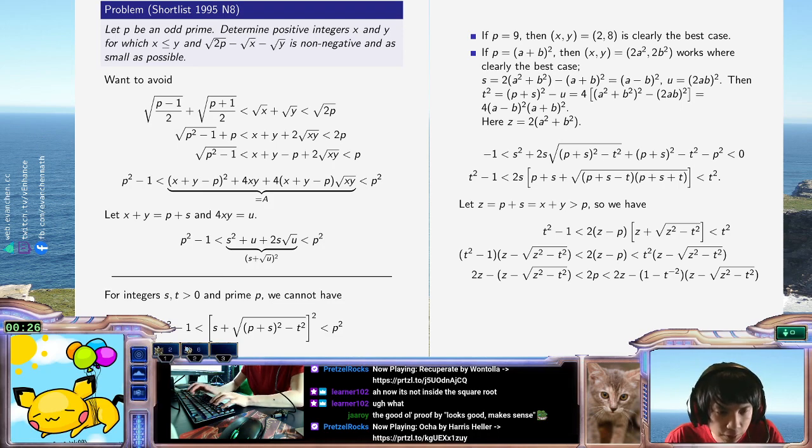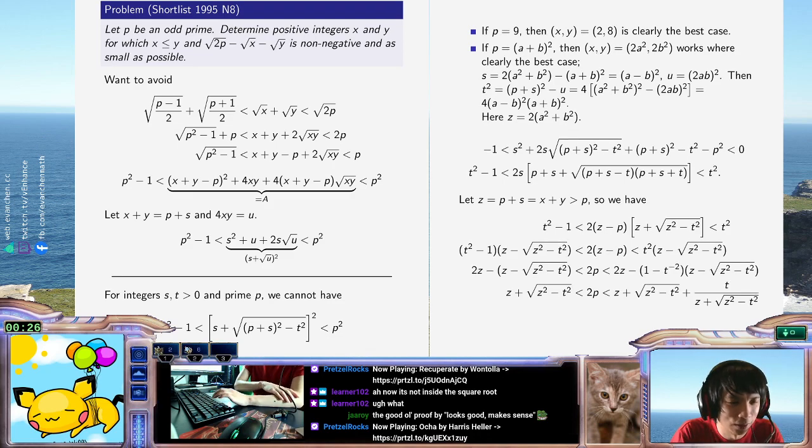This guy's like z plus root z squared minus t squared, and this guy is z plus root z squared minus t squared plus z plus. Okay, so after a lot of pain and agony, I think this is where we are.